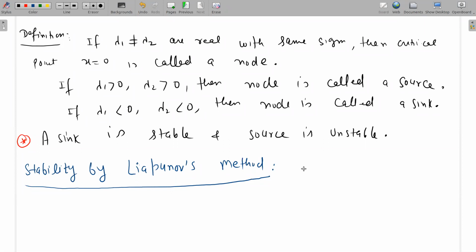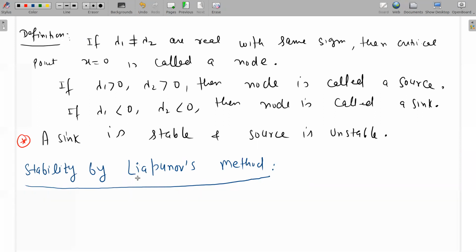That is based on the basic principle that every physical system will remain in minimum energy state. ओके, एनर्जी ज्यादा होगी तो वो स्टेबल नहीं होगा, सो मिनिमम एनर्जी होगा तो वो स्टेबल होगा. That is the key point of stability by Lyapunov method.